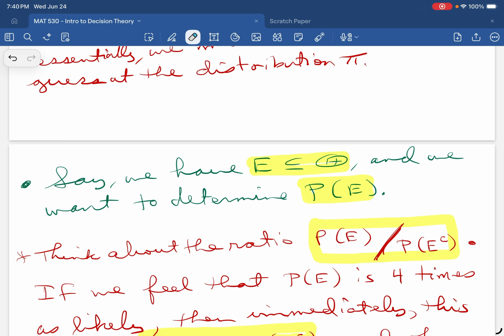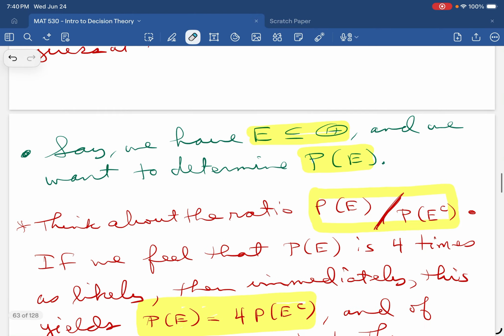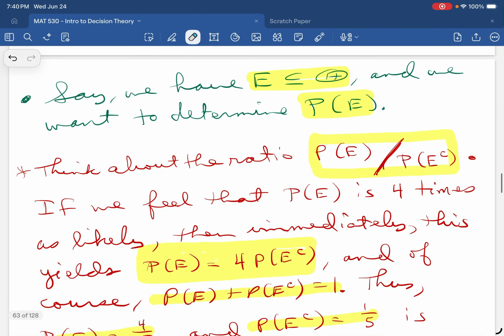And then we have to ask ourselves, how much more likely do we feel this event E is as compared to E complement? And so let's say we feel that E is 4 times as likely as E complement. So this event E is 4 times as likely to occur as not to occur.